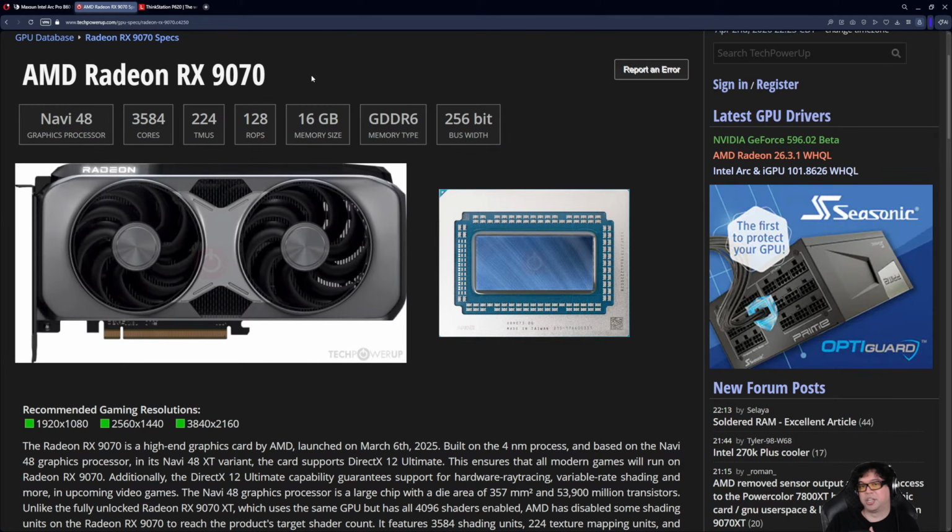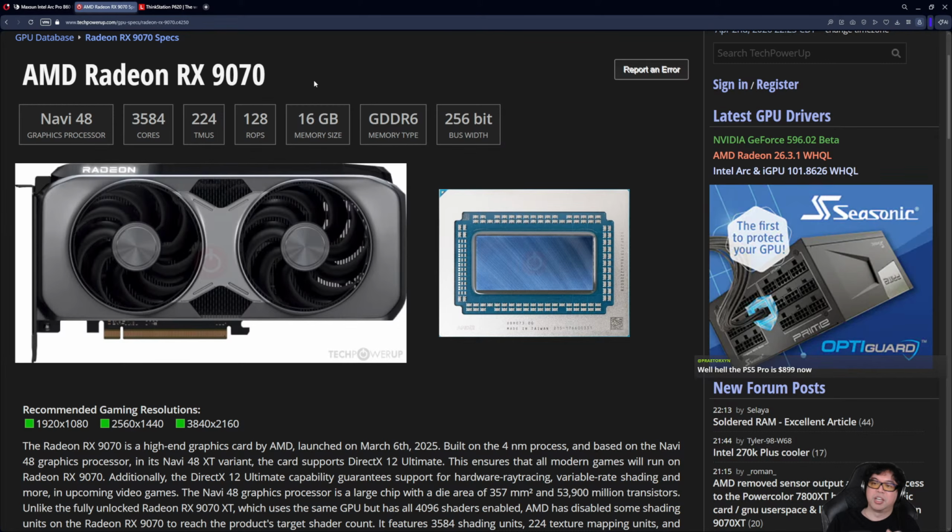This is the reason why people keep saying, oh, PS6 is going to be like $1,000, because this thing alone is already $550 MSRP. The MSRP of this graphics card is already more in line with the MSRP of a PlayStation 5. And the PlayStation 5 is a fully complete console, ready to go.